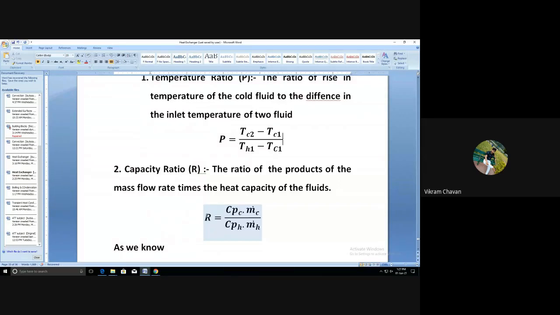So CPC multiplied by M dot C divided by CPH multiplied by M dot H is nothing but R.